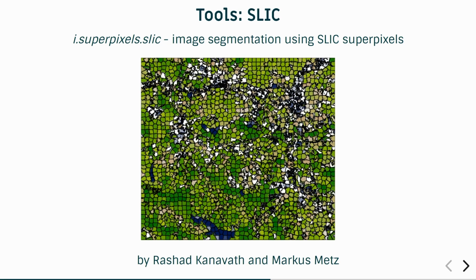And a lot of tools in GRASS are for remote sensing. Here is an example of the imagery tool i.superpixels.slic, which is a fast segmentation algorithm, and it's using these superpixels, which are just blobs inside the raster image, which are sort of rectangular. They don't have to be, and they are limited in size, so the segments don't grow indefinitely.